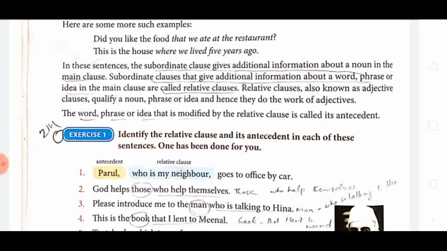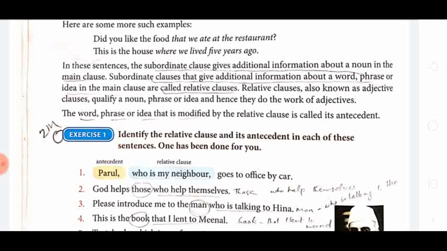In these sentences, you can see this is the house where we lived 5 years ago. Where we lived 5 years ago gives additional information about the house, and so it does the work of an adjective also. In exercise 1, identify the relative clause and its antecedent in each of these sentences. One is done for you.